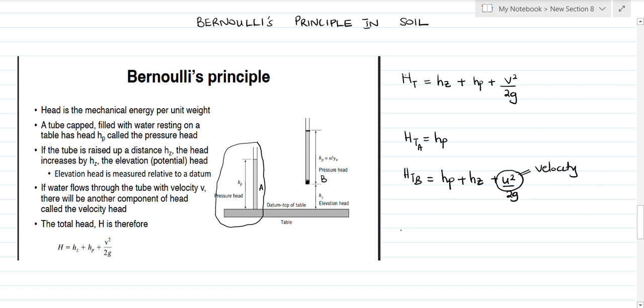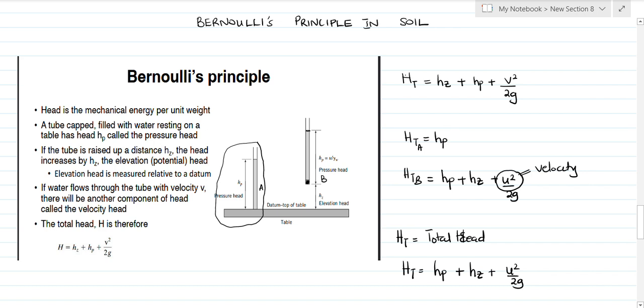The total energy possessed by a fluid in a system is what we call the total head, and it has three components: the pressure head, the elevation head, and the velocity head.